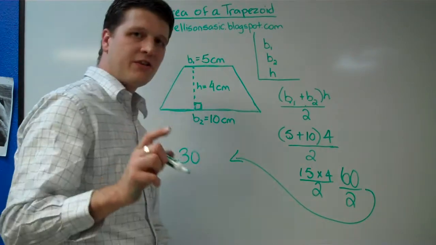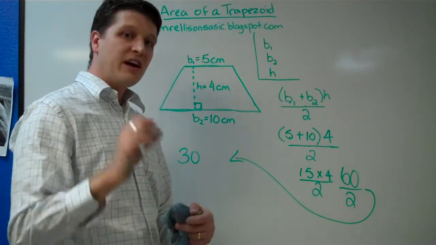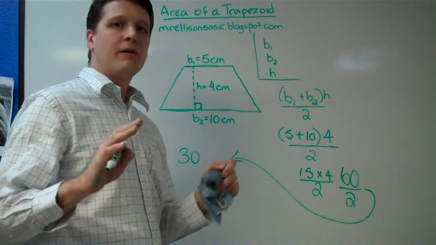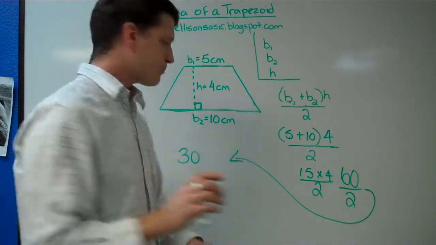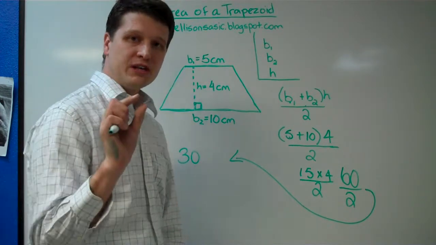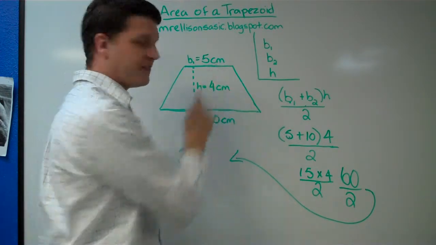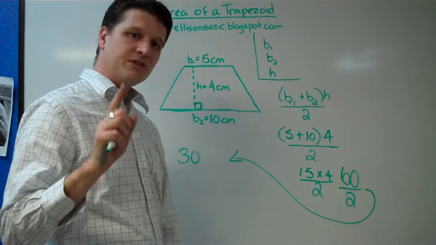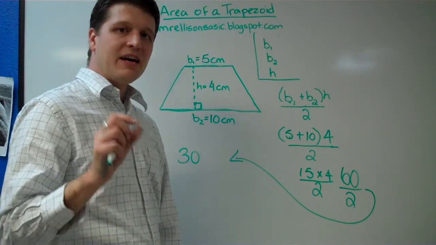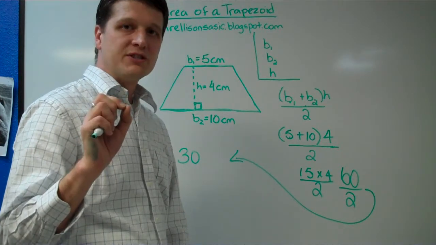Now we don't want to just leave it at 30. Now whenever we're dealing with area of any polygon, or any circle, or any shape for that matter, we want to use units. We want to use the units that are specified. Now the units specified in here are centimeters. Now when we're dealing with area, it's always in square units.